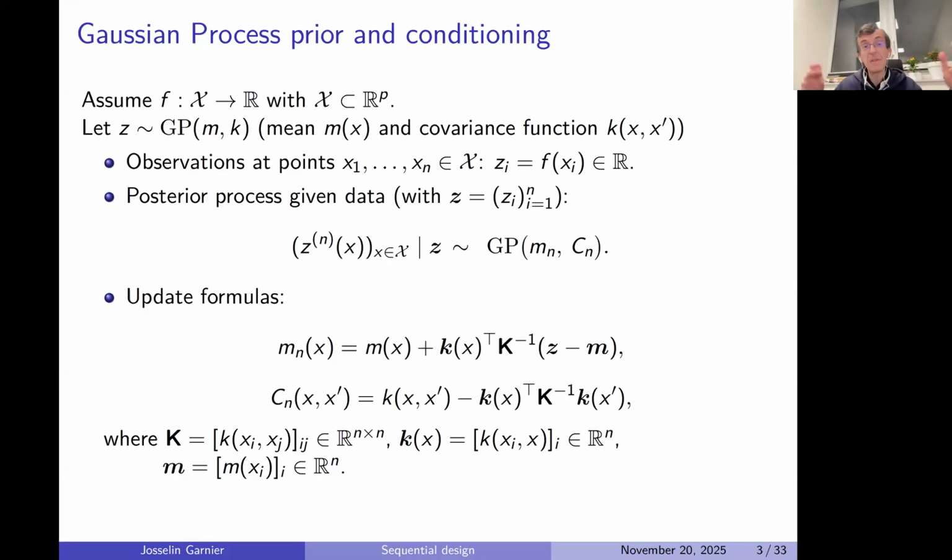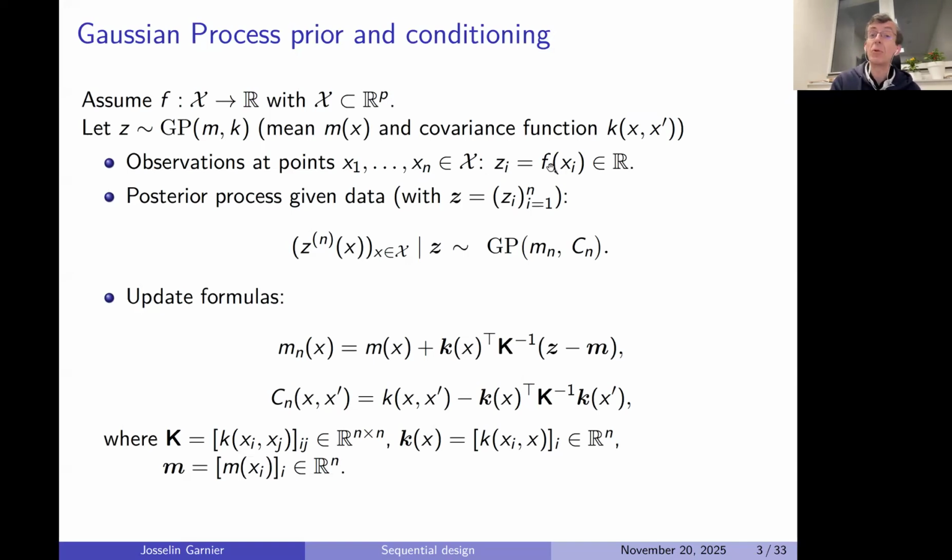So now let's say we start with some Gaussian process, and we will make some observations. That is to say, we will condition this Gaussian process to go through an experimental design. So you consider input points x1, ..., xn.